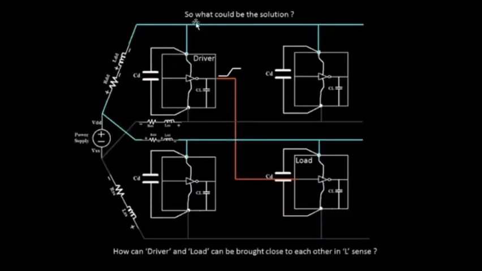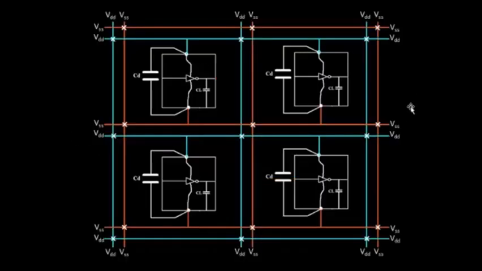Let's see how. In these cases, the power is coming from a single source, only from one place. Instead, if the power had come from multiple places, that would have solved this problem. For example, something like this: instead of a single power supply, which we saw in the previous videos, we'll have multiple power supplies.